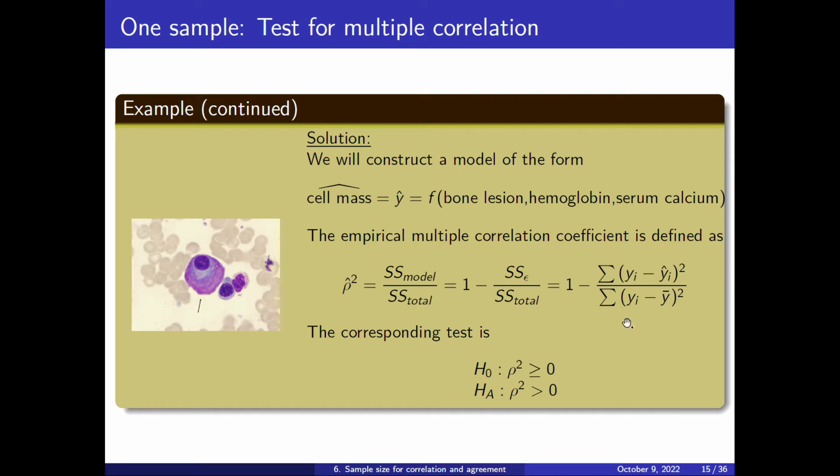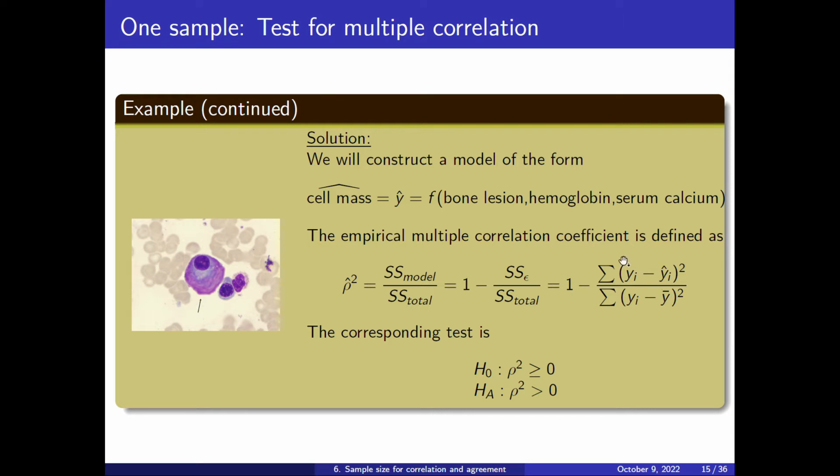This is the simplest model you can have. This is just substituting by the mean. So what you're measuring here is whether your predictions are much better than a very simple model. If you make perfect predictions, then this will be 0, and rho squared will be 1.